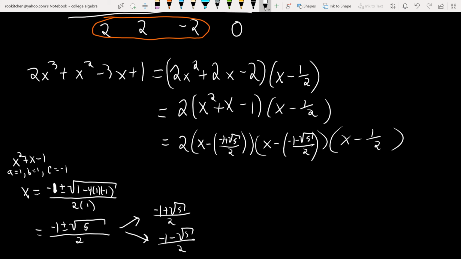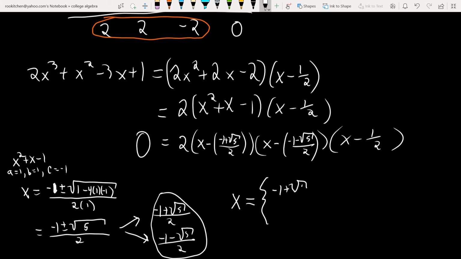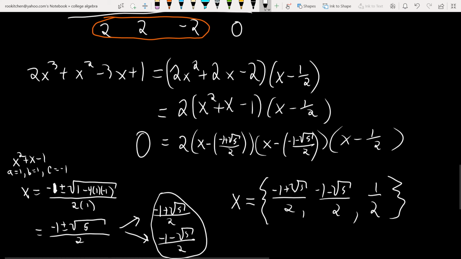But ultimately the zeros are just right here and here, there's two of them, so if you set it equal to 0, then the solutions would be negative 1 plus root 5 all over 2, and then negative 1 minus root 5 all over 2, and then of course the 1/2 from our rational root theorem. Okay? And that would be the answer that they would want.